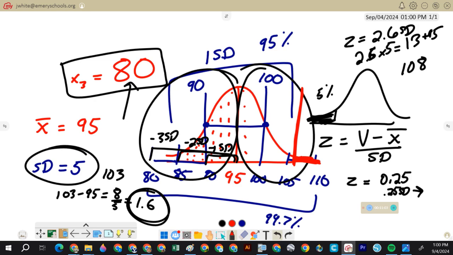All right, so let's do another one. Let's say we looked at how many points are scored in all of the baseball and softball games in Utah last year.